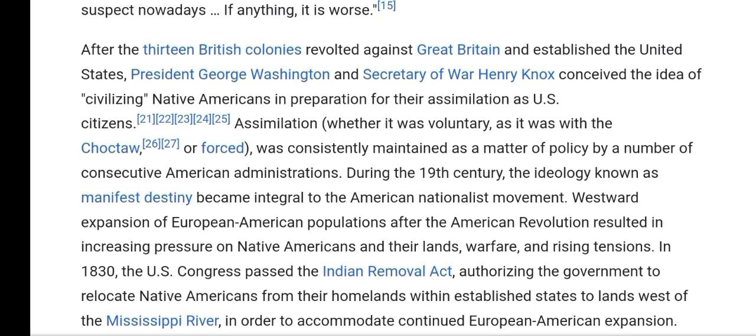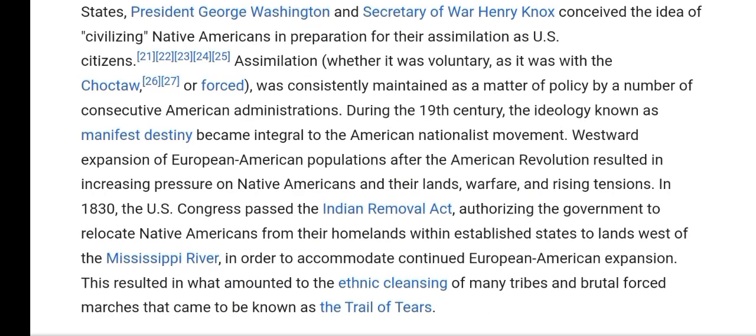Assimilation, whether voluntary, as it was with the Choctaw, or forced, was consistently maintained as a matter of policy by a number of consecutive American administrations during the 19th century. The ideology known as Manifest Destiny became integral to the American nationalist movement.